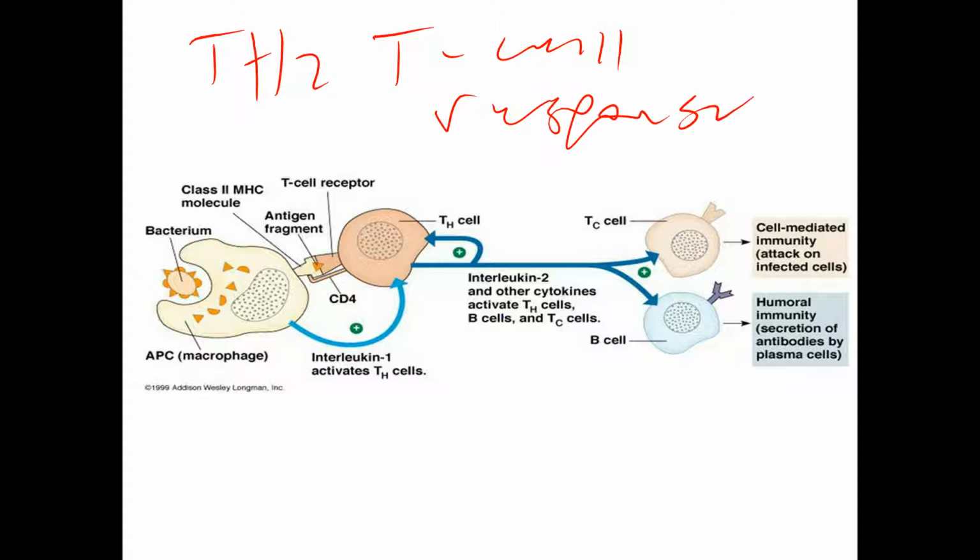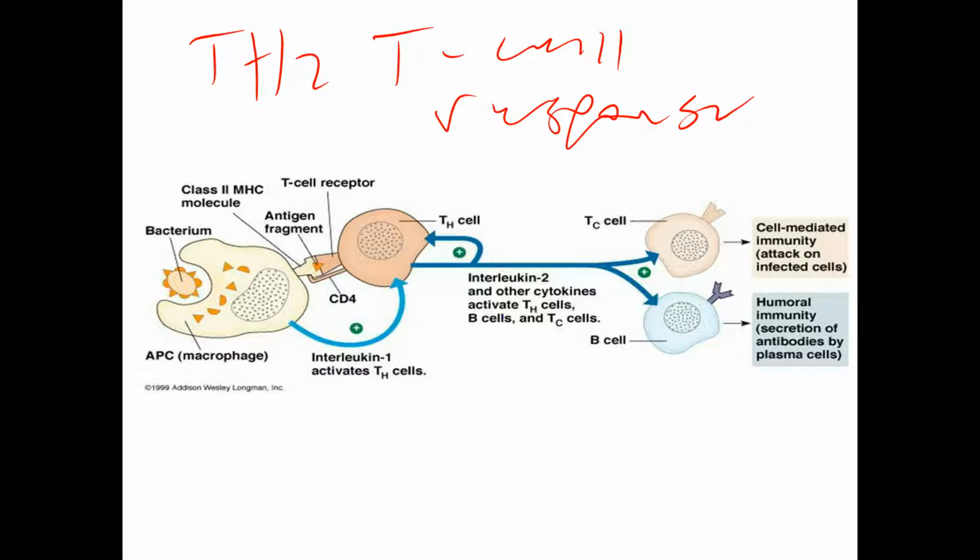Alright, so T cell dependent antigen stimulation of B cells. You have your antigen presenting cell, your macrophage, displaying the antigen on its surface through MHC class 2. You have a T helper cell, CD4 co-receptor, interacting with this antigen presenting cell.